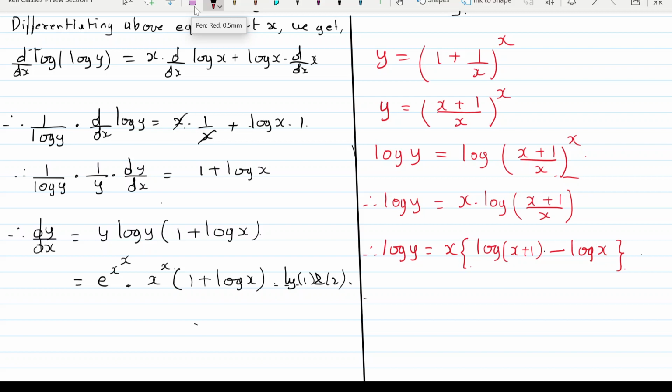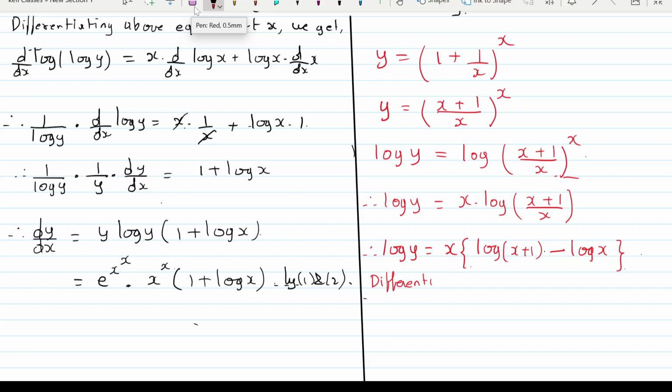So differentiating the above equation, log m by n is log m minus log n, correct, understood? Write your reason: log m by n is log m minus log n.